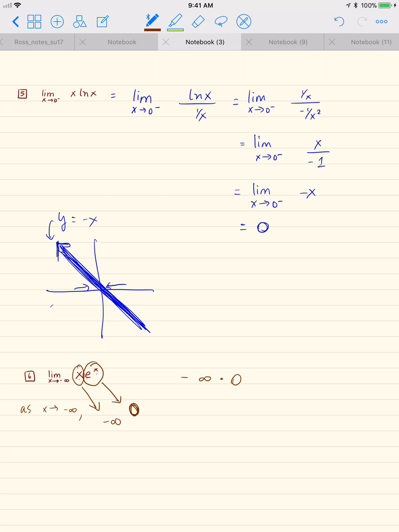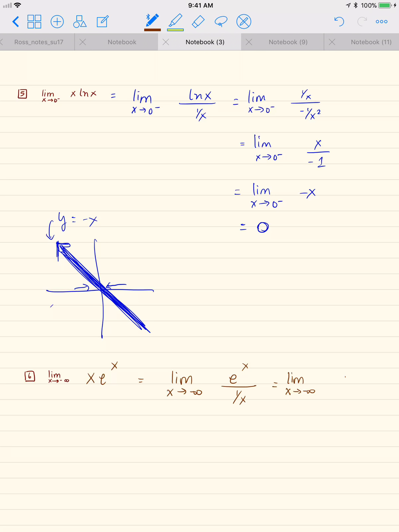So what I'm going to do is the same trick that I did before, where I rewrite my function. So x e to the x, we're going to rewrite it. As x goes to negative infinity, e to the x over 1 over x. Now I'm doing L'Hopital's rule. So it's equal to the limit as x goes to negative infinity.